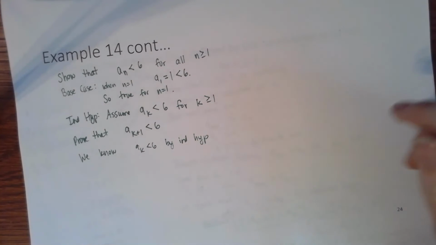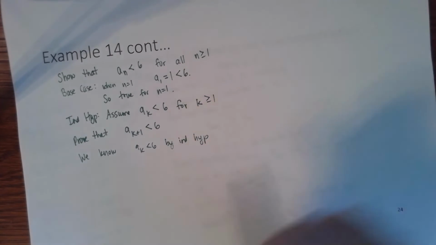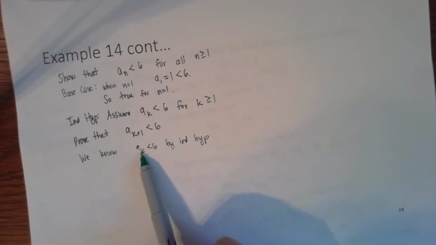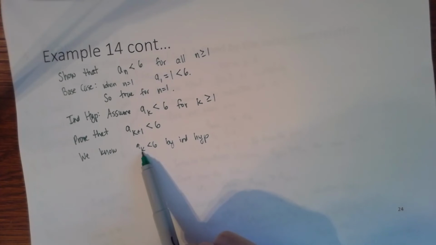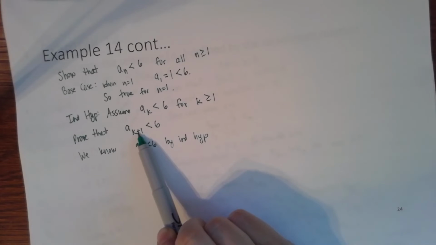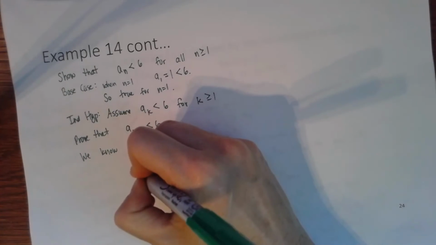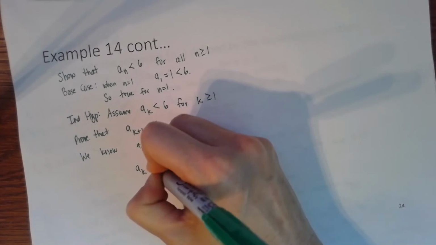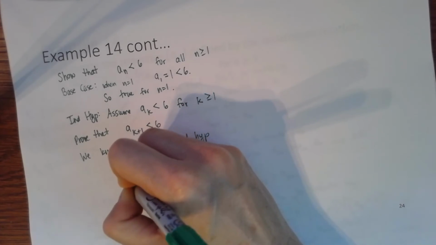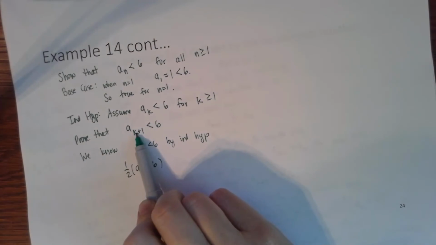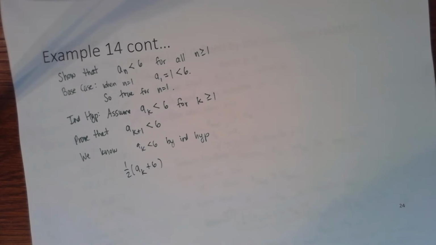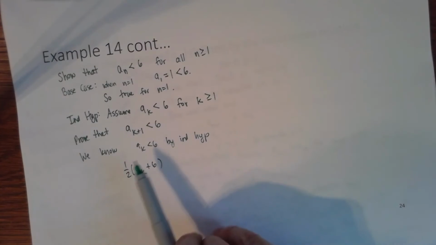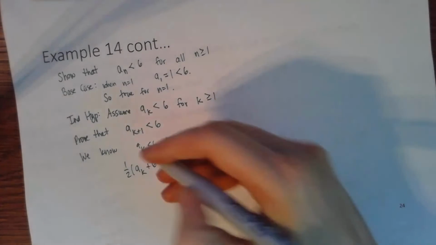And just like we did before, how could I turn this a sub k into a sub k plus 1? Well, if I take a sub k and add 6 to it and then multiply it by a half, that'll turn that into a sub k plus 1. But if I did that to this side, I have to do it to the other side as well.